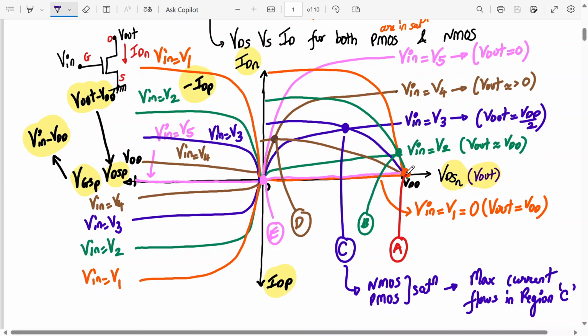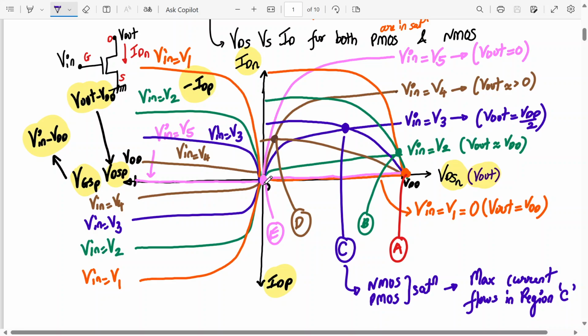In region number A, almost no current flows, but the output is Vout. And in region number E, almost no current flows, but the output is 0. Here it is. Alright, so these are the consequences of joining both the currents together.